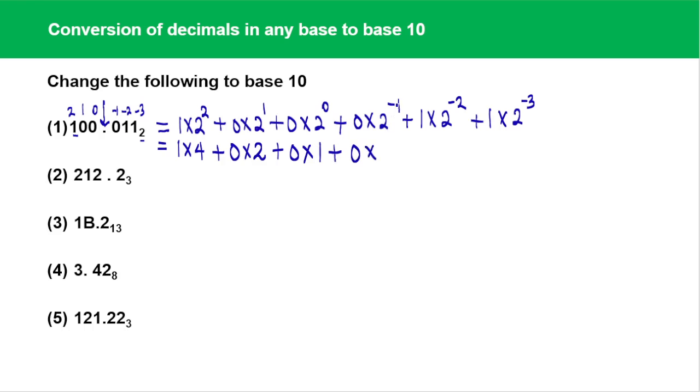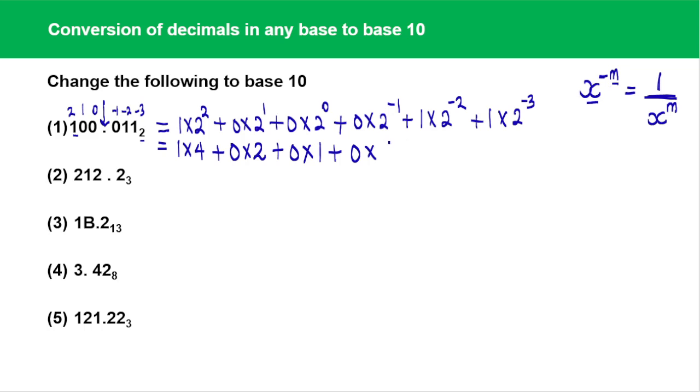Plus 0 times 2 to the power of -1. Now for this, I refer you back to the law of indices, the law of negative power. The law says that if my index has a negative power, it is the same thing as saying 1 over x, that is the base, raised to the power m. More like the minus here turns into 1 divided, while you are left with just the base and the power m.